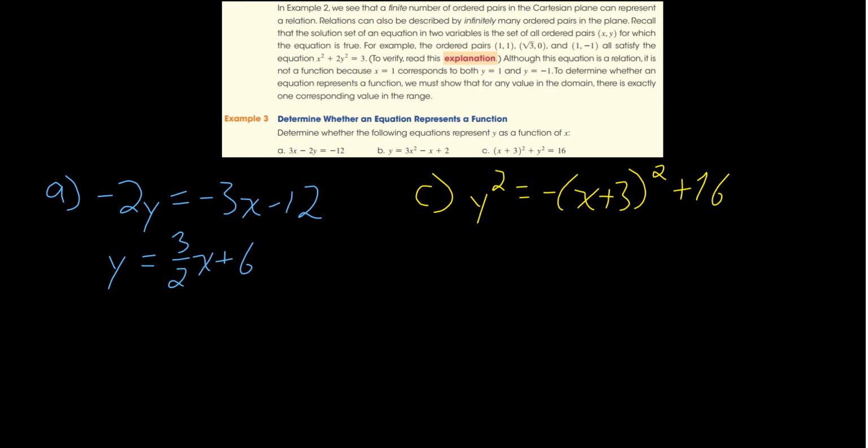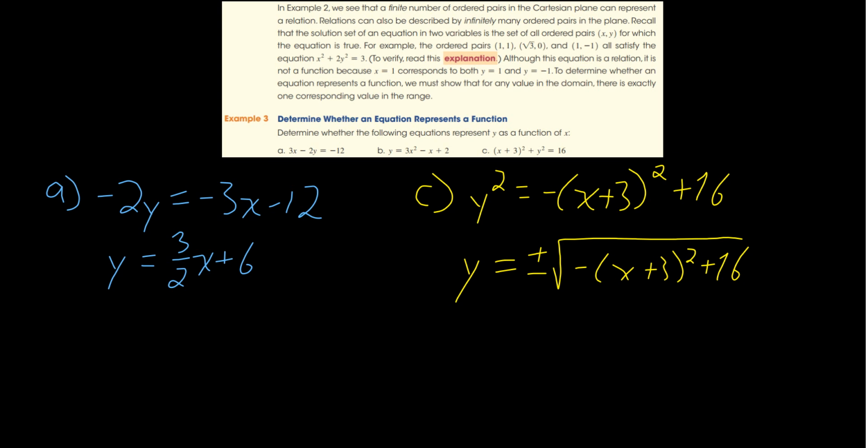So I'm going to have the square root of y squared, and y is equal to, if I take the square root of both sides, it has to be plus or minus the square root of negative x plus 3 quantity squared plus 16. We're going to stop right there for now.